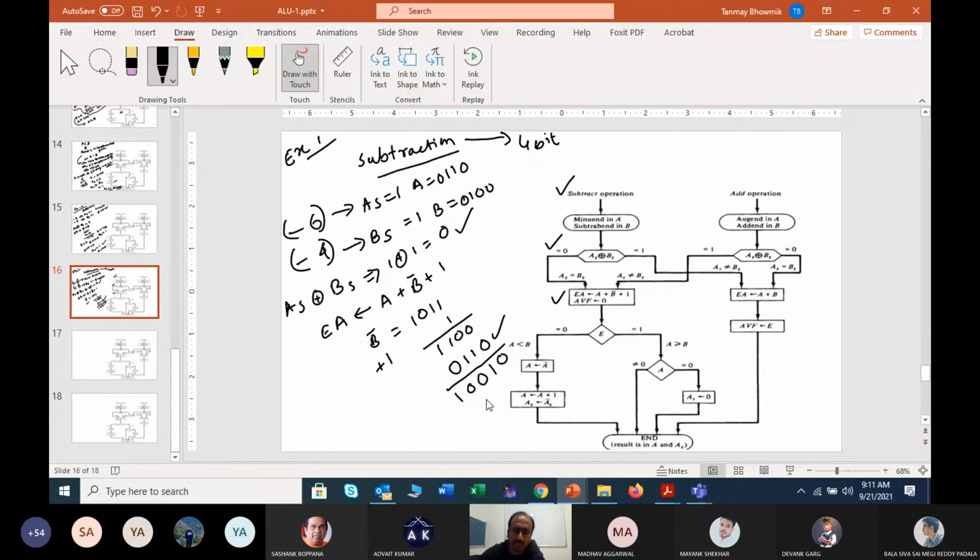Why I was considering that wrong is because you are getting 1 in E and 0 0 1 0 in your result A, right? So E is 1 in this case, and your A is not equal to 0, that is 0 0 1 0, and E is 1, right?